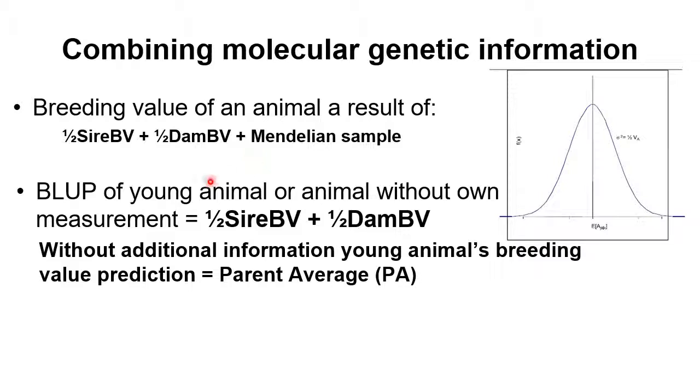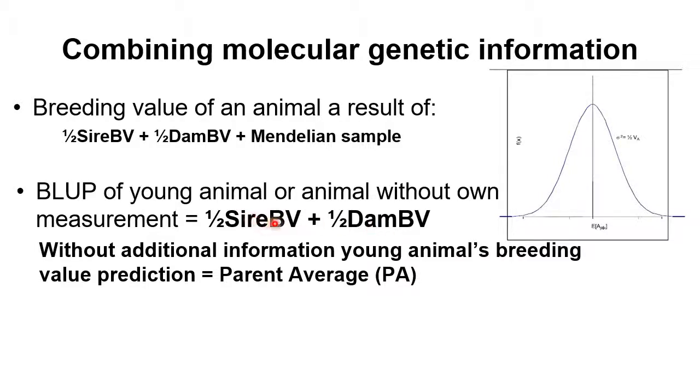If you have a young animal that has not been recorded or measured for the specific traits, it's assumed that at that stage your prediction would be half the breeding value of the sire and half the breeding value of the dam. We also call that the parent average or a mid-parent value.